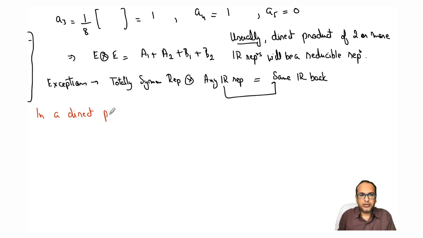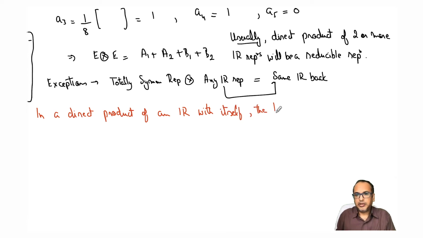In a direct product of an IR with itself, the totally symmetric representation, I'm not saying it as A or A1 because in different point groups, the nomenclature or Mulliken symbol for the totally symmetric representation can be different. Somewhere it can be A, somewhere it can be A1, and so on, right? But it will always be A or A1 or something similar to that. Here we will use the general term totally symmetric representation.